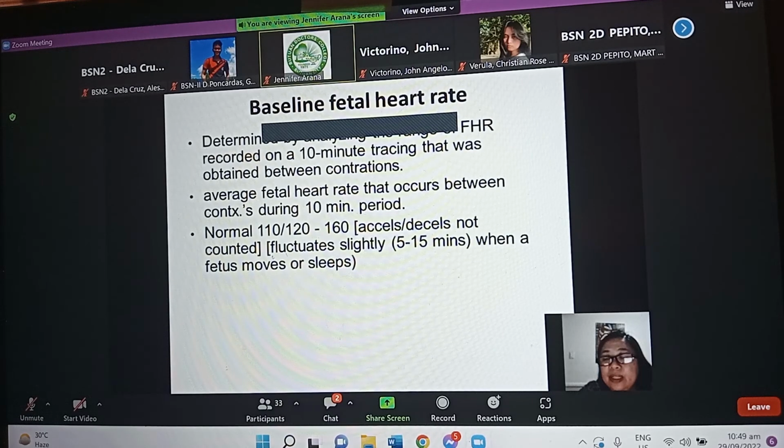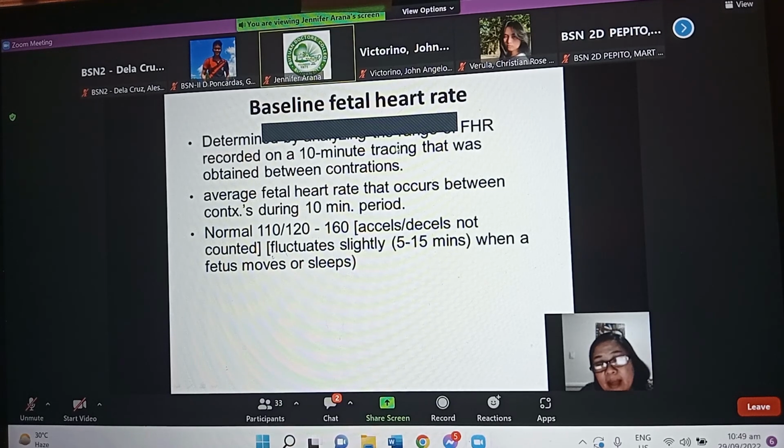In other words, the baseline fetal heart rate is determined by analyzing the range of fetal heart rate recorded on a 10-minute tracing that was obtained between contractions.